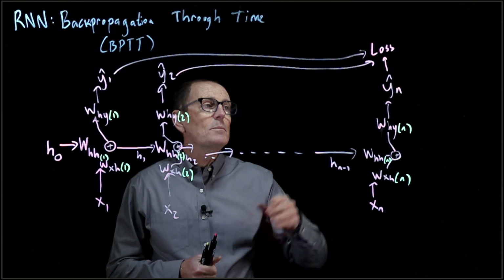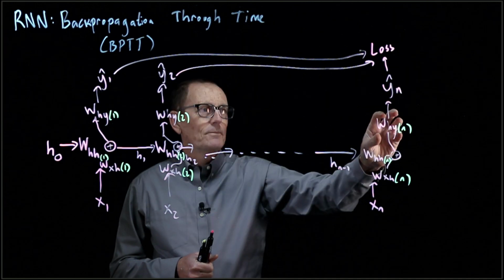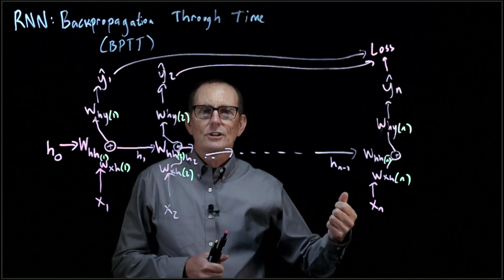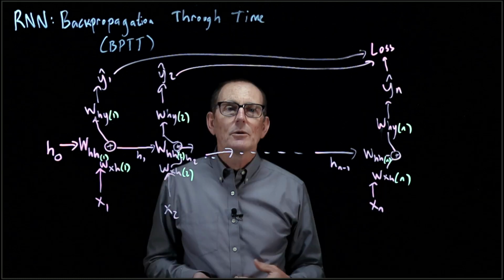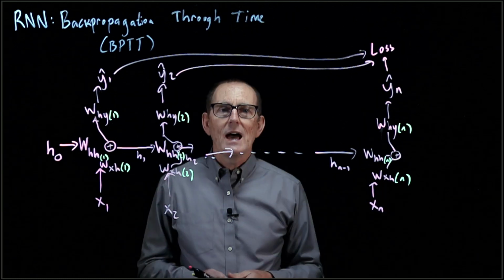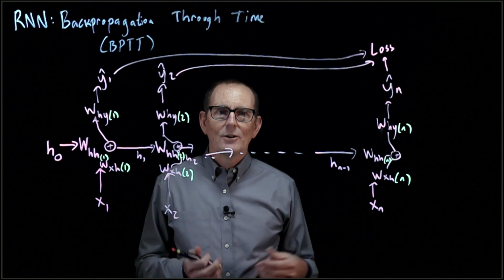So it may be, for instance, that the loss to this instance of the shared weight matrix is pulling us in some particular direction, whereas the loss here is pulling us in some other direction, the loss here is pulling us in a third direction. And just like all the cases where we have different paths to a weight matrix, where the gradients are pulling us in different directions, we'll just sum them together.